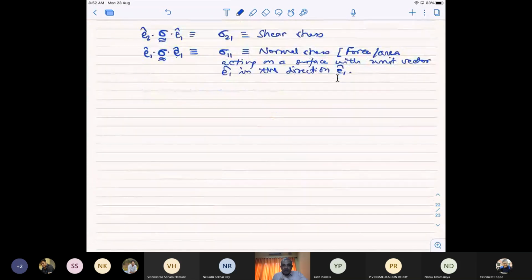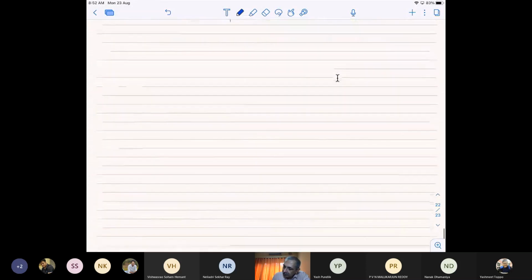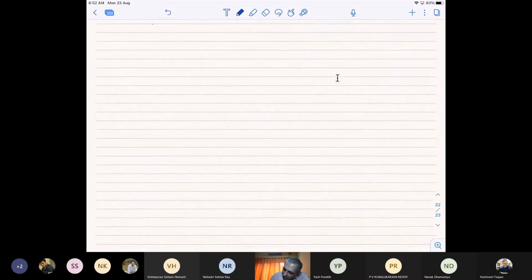So now, supposing I'm given this stress tensor, and I want to calculate in my system, let's say these are my coordinates, and I'll call them Ex and Ey, which is E1, E2, it's the same thing.